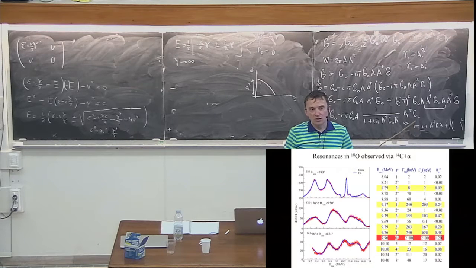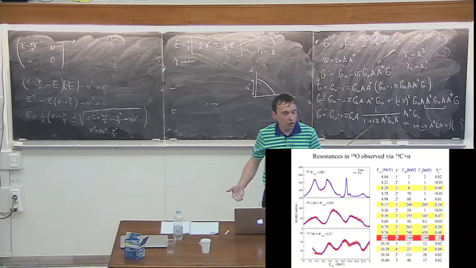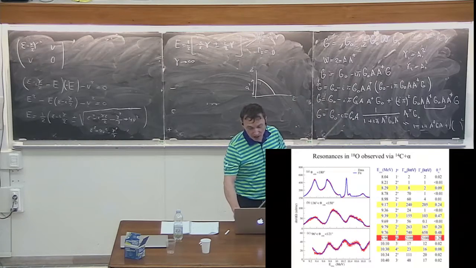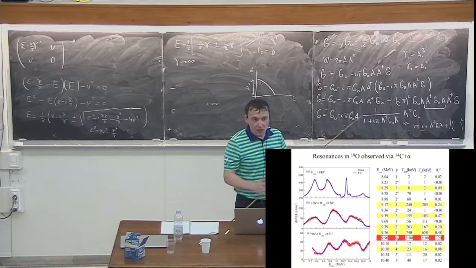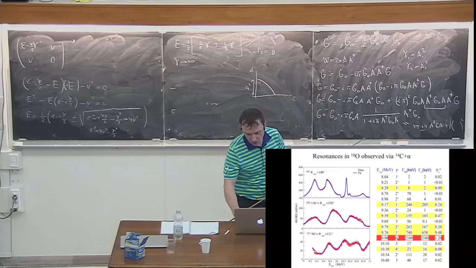It's not obvious why a single state has all of the width, whereas all other states are so narrow. That's what is essentially addressed here, in the context of this separation of widths, where some states become very narrow and some states become very broad.